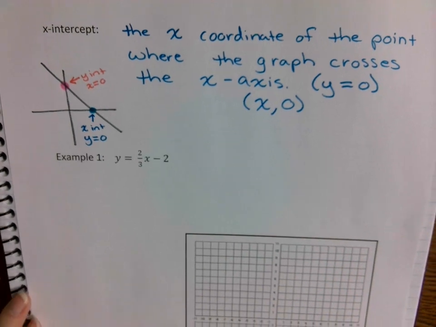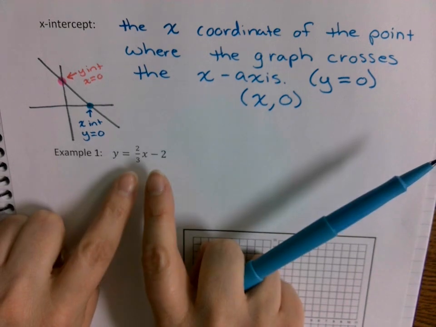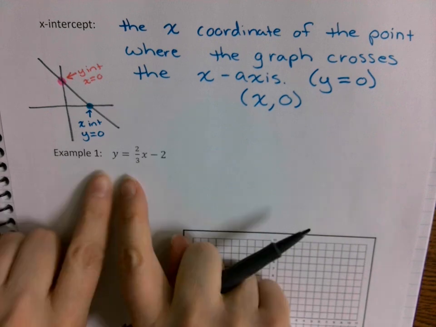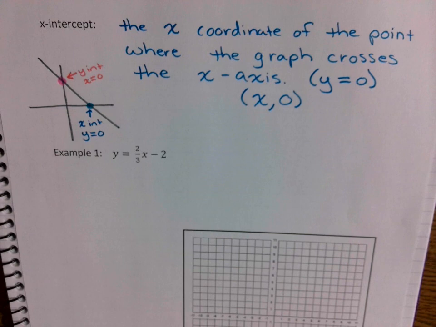Now, sometimes the line or the equation that's given to you is in slope-intercept form, and that's perfectly fine. You're able to state what your intercepts are. And in fact, automatically, when it's in slope-intercept form, you don't have to do any kind of manipulation or math to be able to tell one of those coordinates.